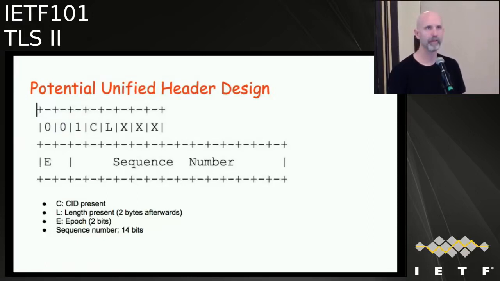Also, the two-stage approach, first trying to do something for 1.2, appears to be better because that's what people are currently deploying and using. If we could get them to support this functionality as quickly as possible, that would be very useful. And for DTLS 1.3, we have a few additional months to do that. So I think it's a great idea.